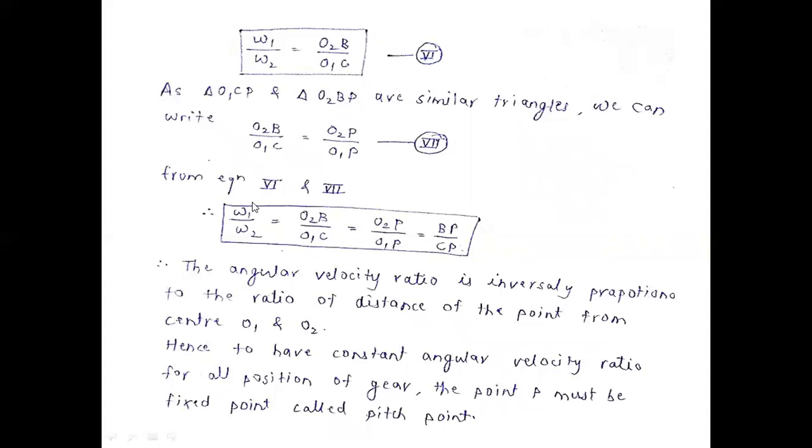We have already derived that formula, the angular velocity ratio omega 1 divided by omega 2, the speed of driver to the speed of follower, is equal to O2P divided by O1P is equal to BP divided by CP.